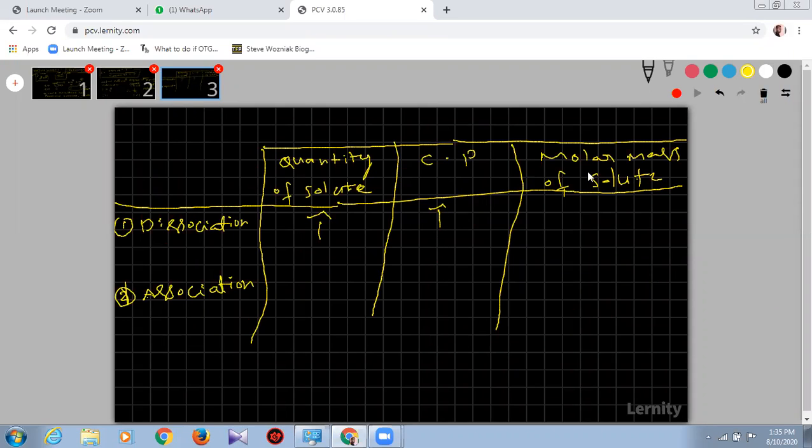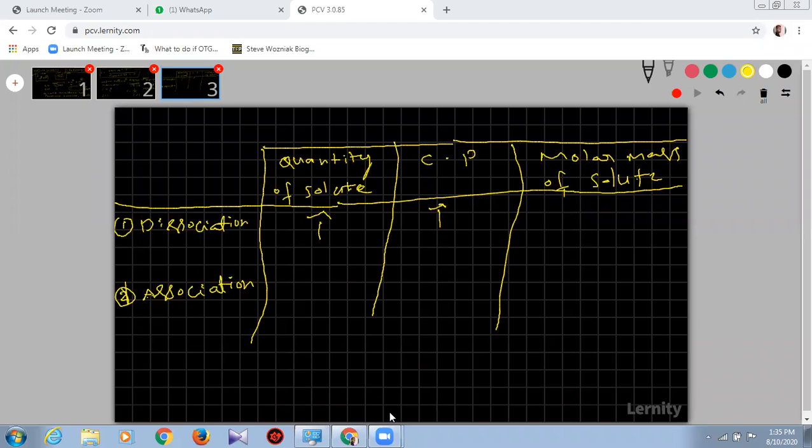Next one, molar mass of solute. Does the molar mass of solute increase or decrease here?